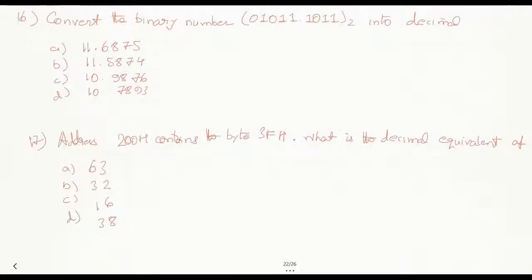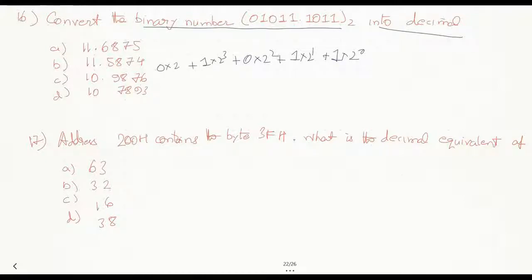Okay, next question. Convert the binary number into its decimal format. Similarly, it will be 1 times 2 to the power 0 plus 1 times 2 to the power 1 plus 0 times 2 to the power 2 plus 1 times 2 to the power 3 plus 0 times 2 to the power 4. And after that all these values will be in negative power.